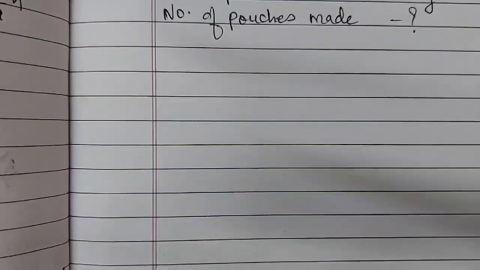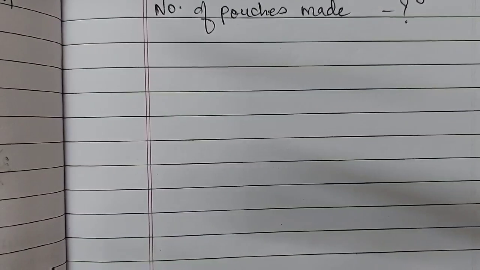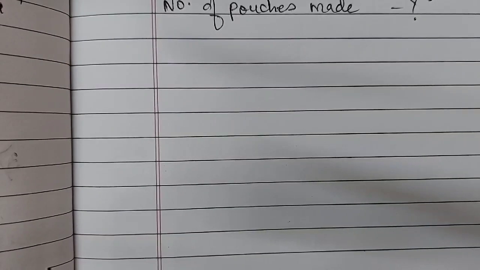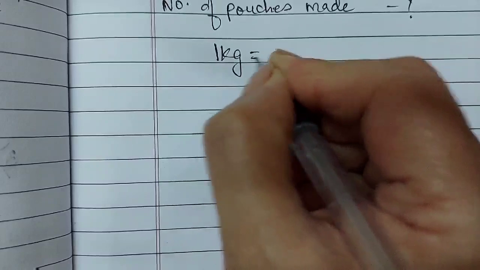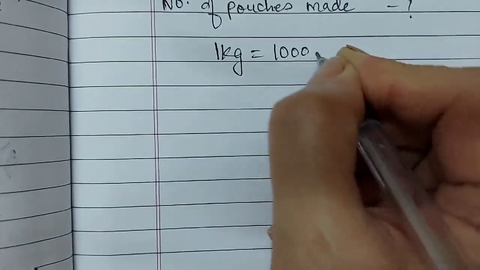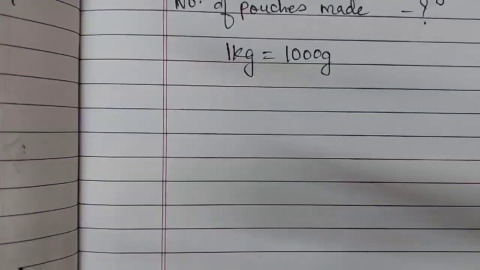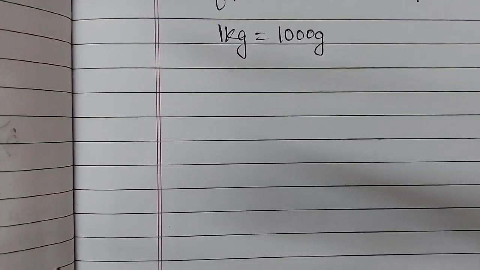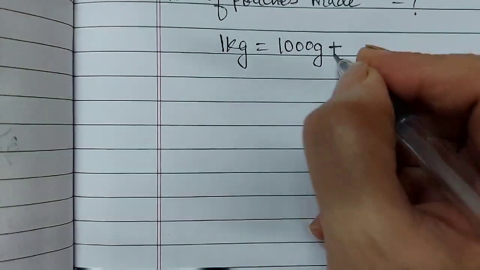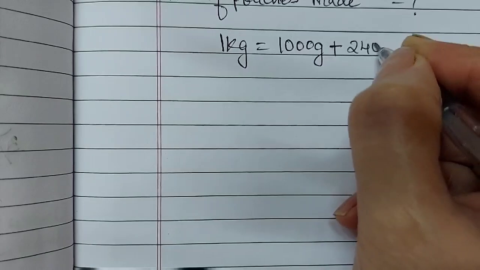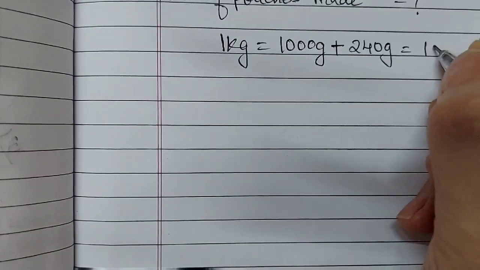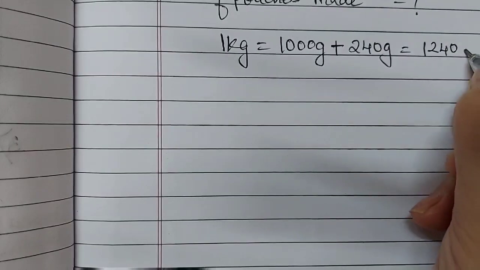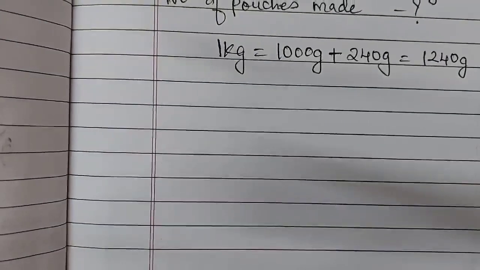Okay, children? We will convert it. Now 1 kg is equal to 1000 grams, plus 240 grams we are having, which is equal to a total of 1240 grams. Now we converted into grams, no?